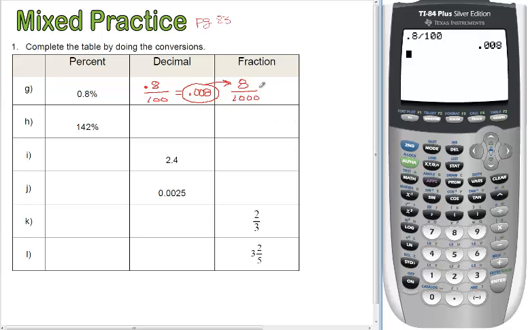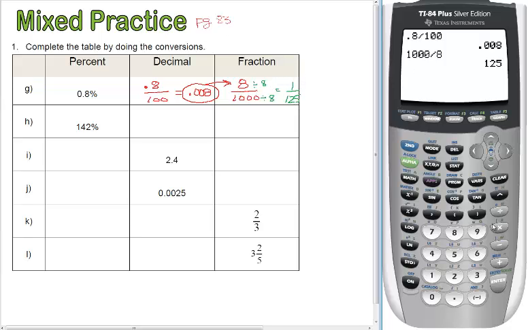Again, 8, you can divide each by 8 to reduce. 8 divided by 8 is 1. And 1,000 divided by 8 leaves us with 125. So the first two answers are 0.008 as a decimal and 1 over 125 as a fraction.